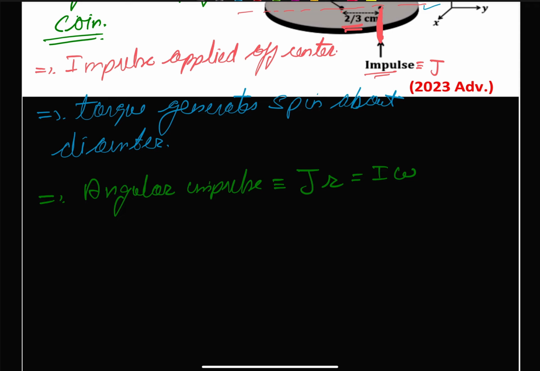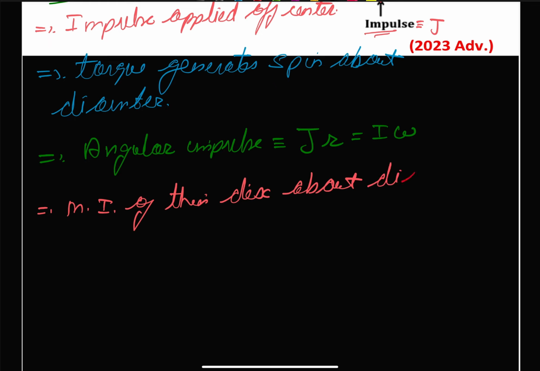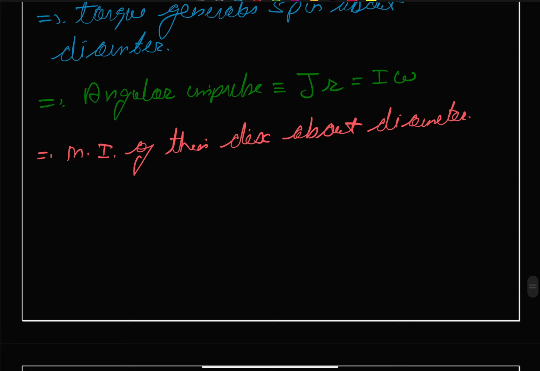And the coin in the form of a disc is rotating about its diameter. So we can say that the moment of inertia of a thin disc about its diameter, our I, will be equal to 1/4 mr square.